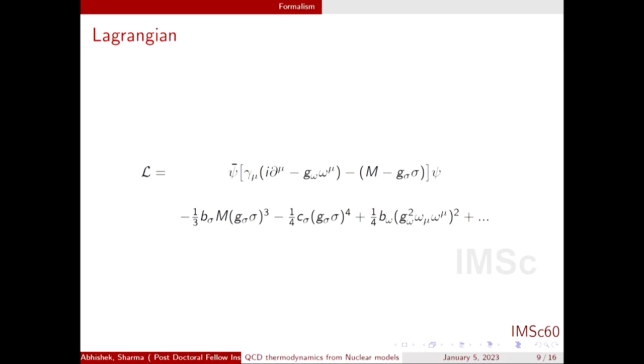The degrees of freedom in this case are represented by psi, which represents proton, neutron, and possibly some strange baryons. Then there are the interaction terms mediated by the sigma and the omega meson. The sigma meson is responsible for the attractive interactions, while the omega meson is responsible for repulsive interactions.